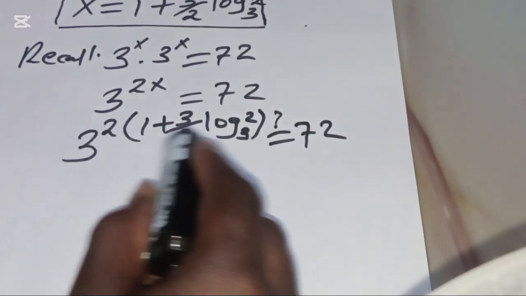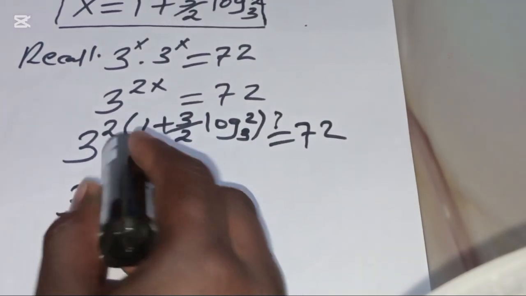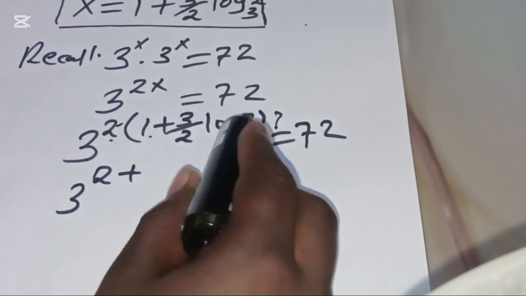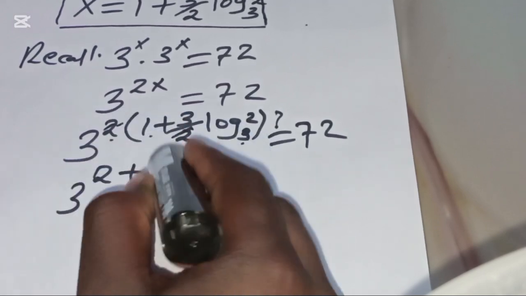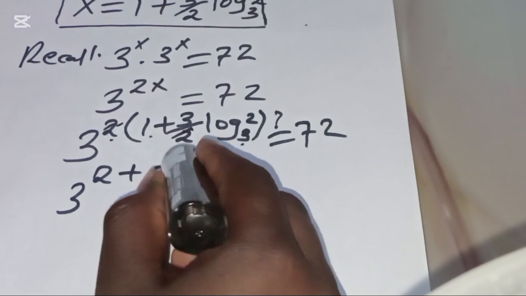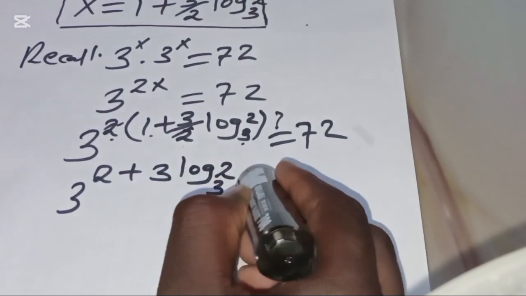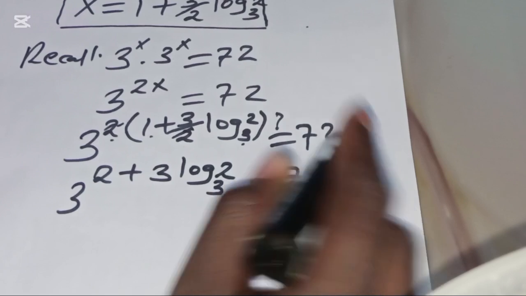Okay, so let's open the parentheses. We'll have 2 times 1, this is 2, plus 2 times 3 over 2 log 2 to base 3. This is the same thing as 3 log 2 to base 3. This should give us a value of 72.